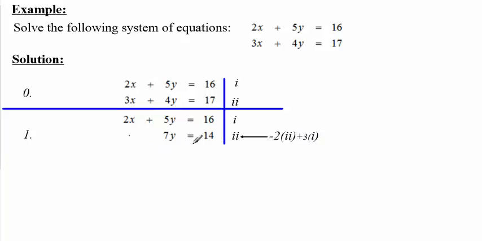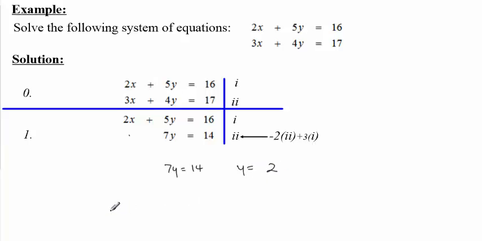Then we've got an equation of exactly that form, 7y equals 14, which we solve by dividing both sides by 7 to get y equals 2.